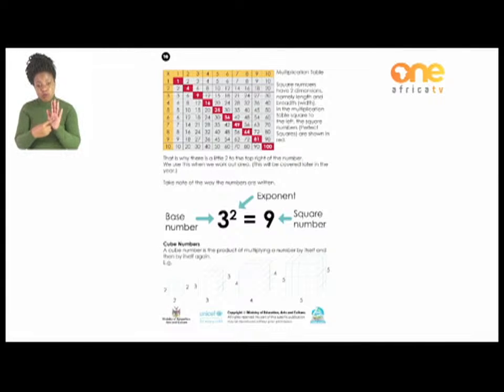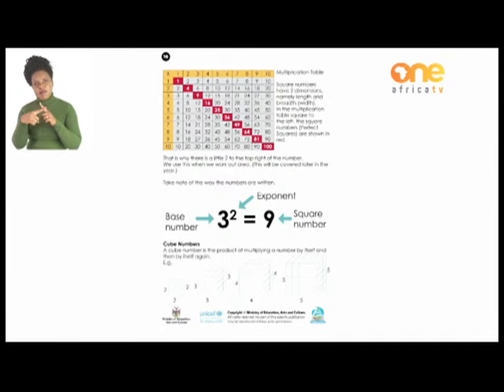For example, there are cubes which are drawn there. The first one is 2 times 2 times 2. That can also be written as 2 cubed or 2 to the power 3. There is 3 times 3 times 3. There is 4 times 4 times 4. 5 times 5 times 5.